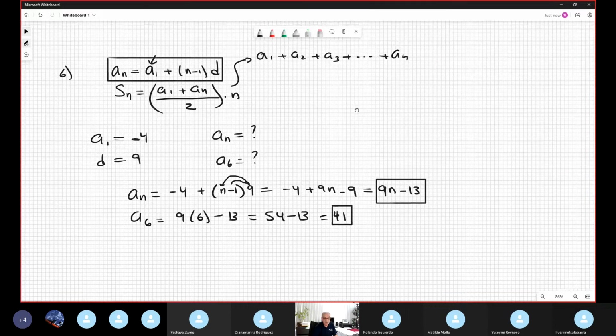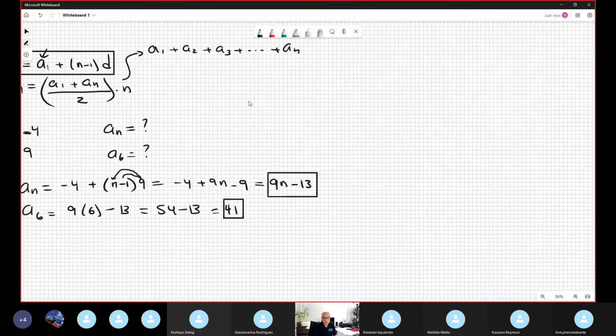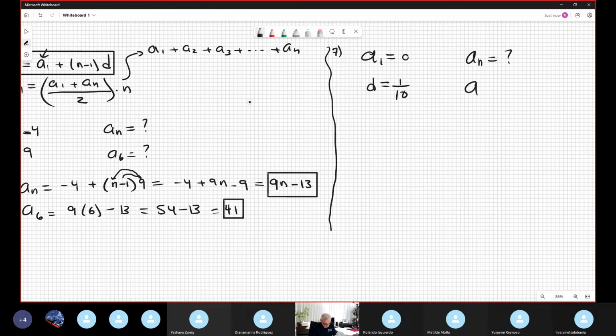And number 7 is similar. It's also an arithmetic sequence, but a1 is 0. This is number 7. And the common difference is 1/10. It's a fraction, it's okay. So we use one more time the formula. Find a sub n, the explicit formula, and a sub 27.